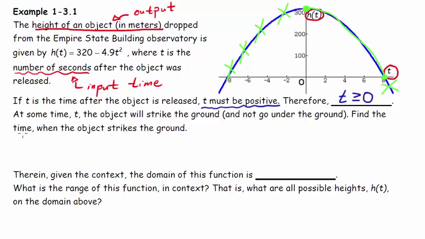So I want to know when 0 equals 320 minus 4.9 t squared. Alright, so this is going to be a solve problem, not an evaluate. I'm not plugging in 0, I want to know when this equals 0. Okay, so the first thing I might do is move this negative 4.9 term to the other side.